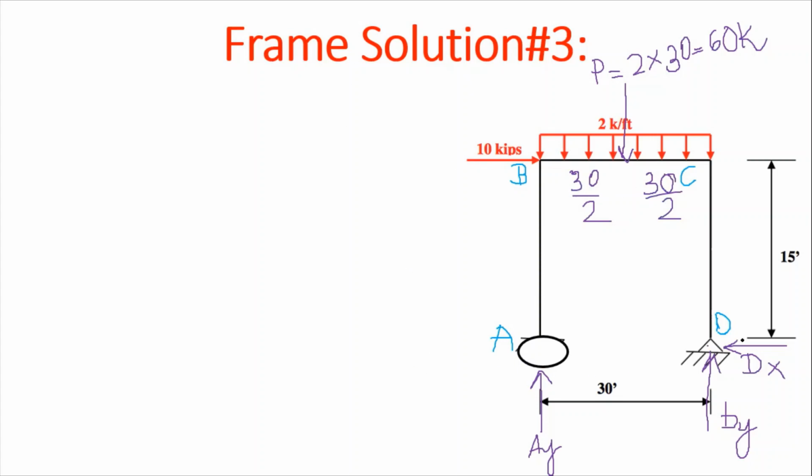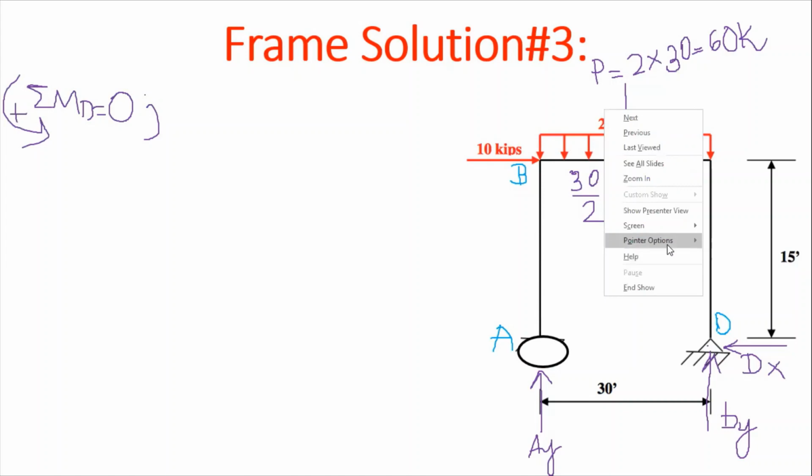So we are going to sum moments at D right now. So let's start with the summation of moment at D. How can we do that? The direction should be changed because we are summing moments at D. First of all, we will rotate this one.